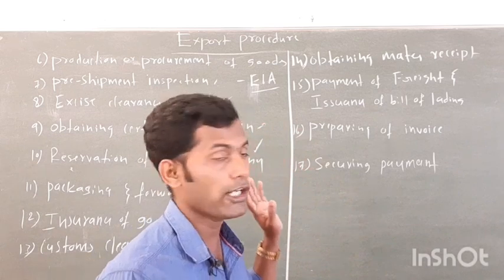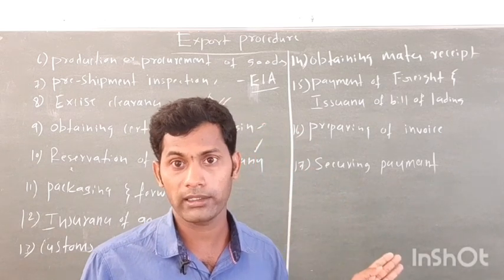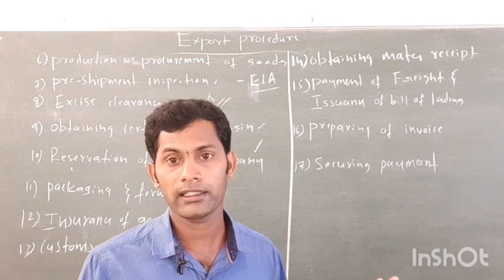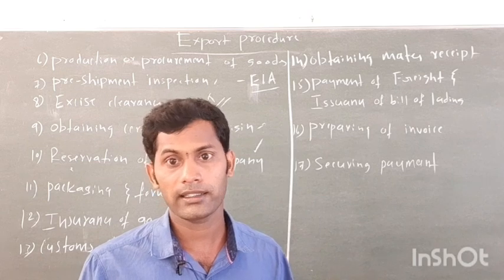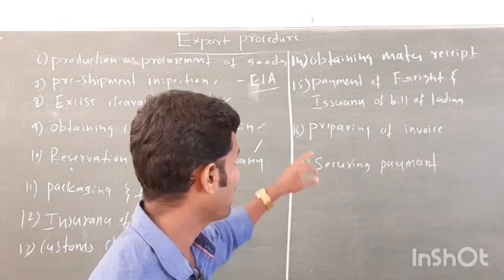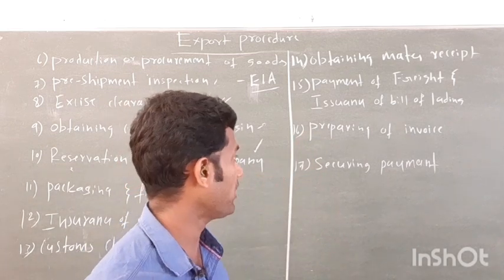Then he prepares the invoice. That invoice should contain all the details of the product: the quality, the quantity, the rate, the size, and the shipping company number. All the details should be prepared by the exporter. That is what we call preparing the invoice.